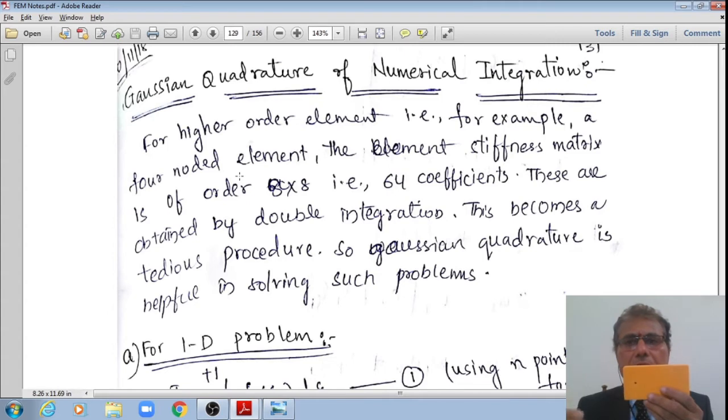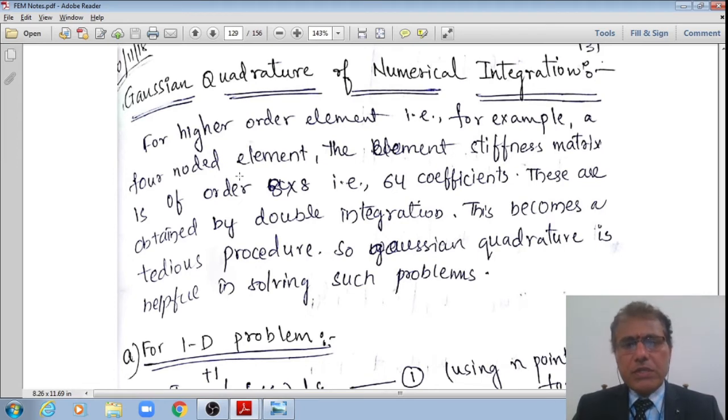That area dA within the double integration was replaced with |J| dξ dη.